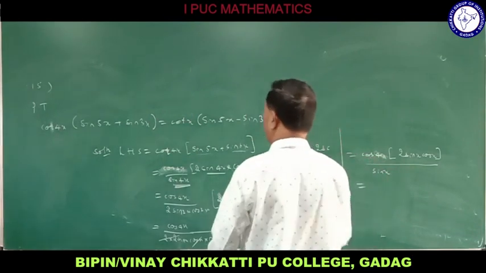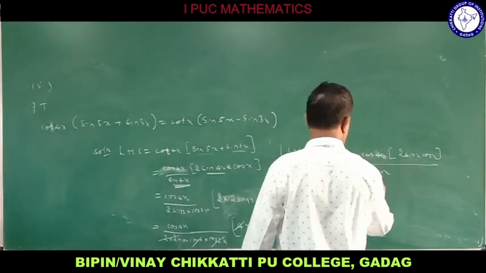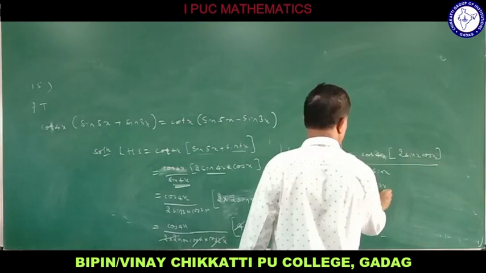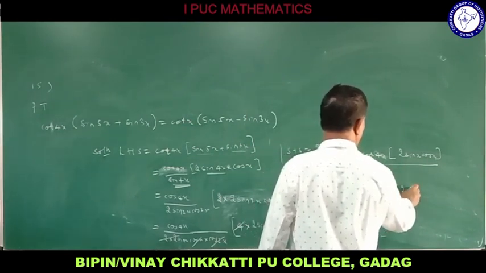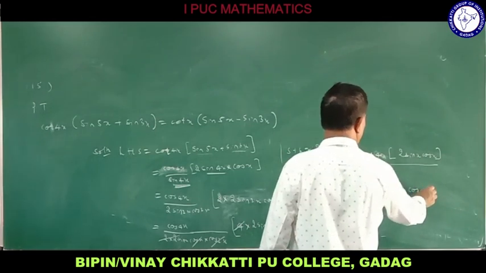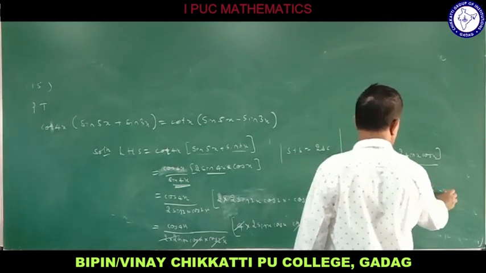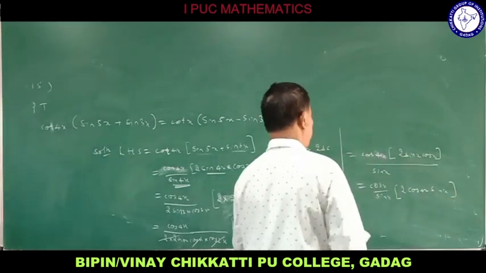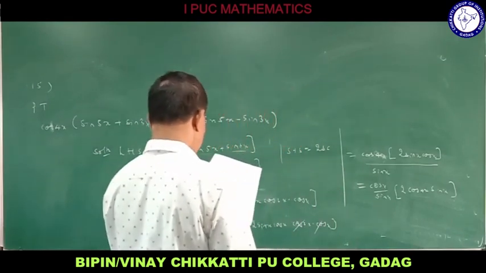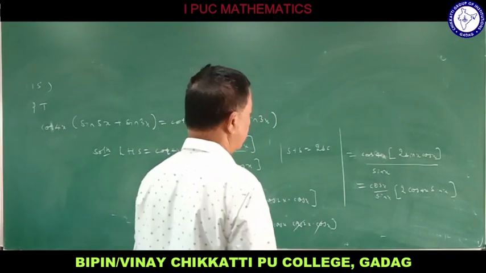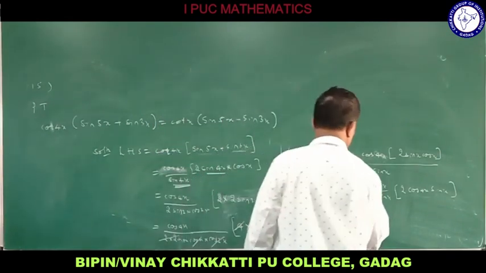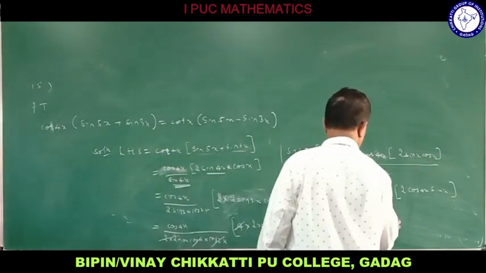But the answer is to be proved as cot x. So we have to take cos x by sin x out, and what is inside here? 2 cos 4x into sin x you have got. So here you have to understand that 2 cos 4x into sin x, and how you can write it.